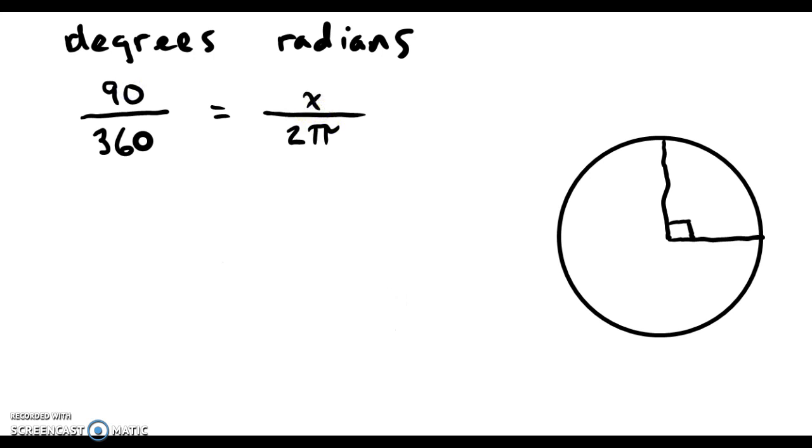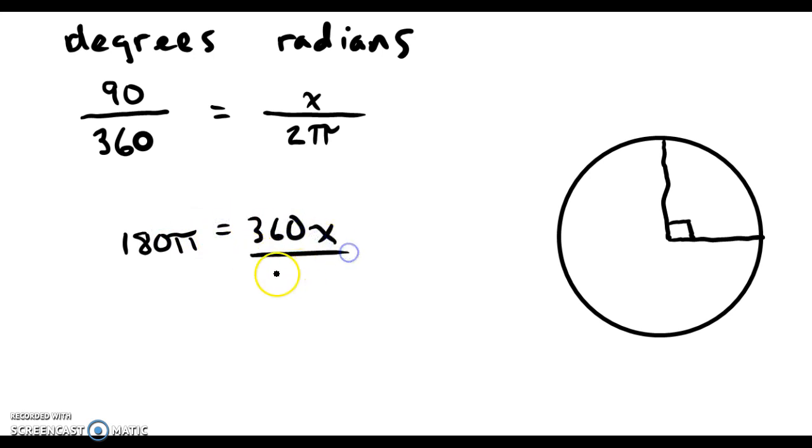And now we're simply going to cross multiply. So 90 times 2 pi, I should say, is, just multiply the 90 and the 2, so you get 180 pi. 180 times pi is equal to 360x.